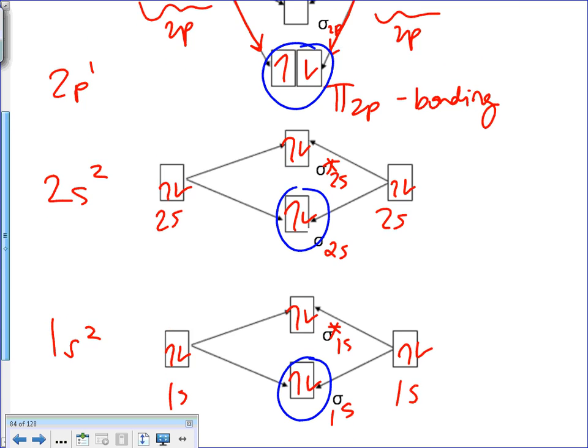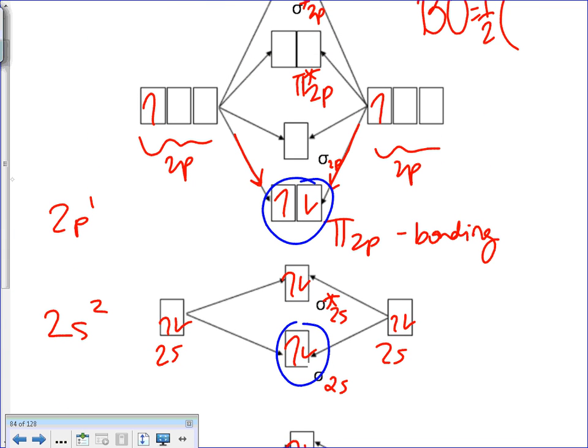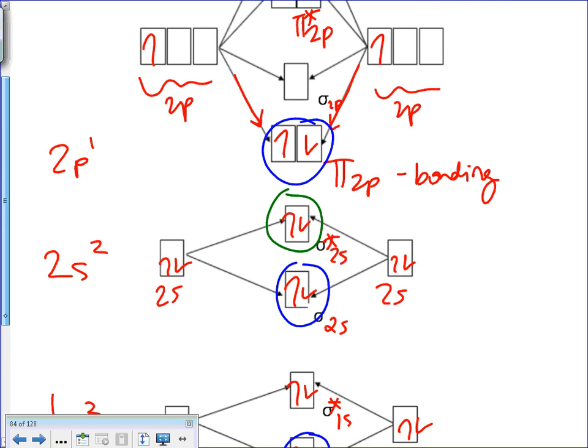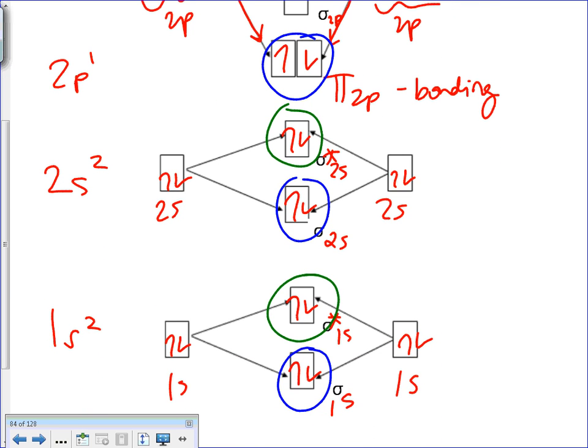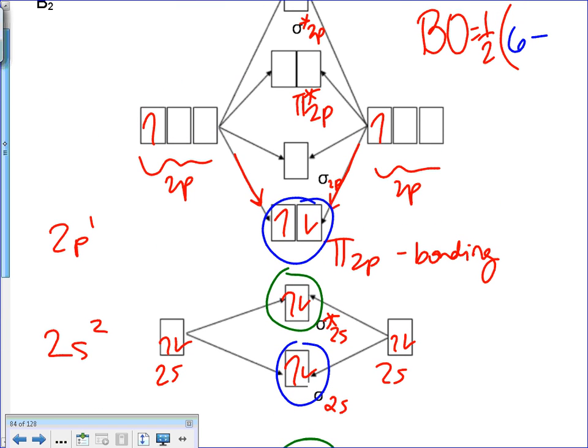So that's 6 bonding electrons, minus the antibonding electrons: 2, 4, and 0, because there's nothing in the p level antibonding orbitals. So that's 4. So 6 minus 4 is 2, divided by 2 is 1. That means it can exist because it has a bond order greater than 0.